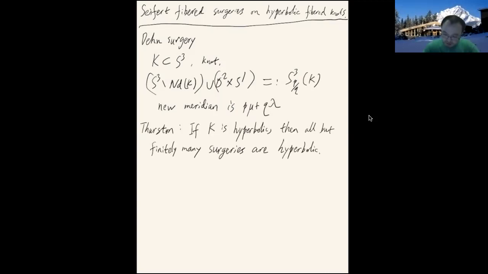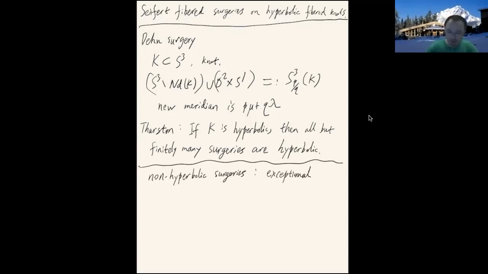From this theorem, you can get a definition: if the surgery is non-hyperbolic, then we say it's exceptional. So a central question in dense surgery is to classify all exceptional surgeries.